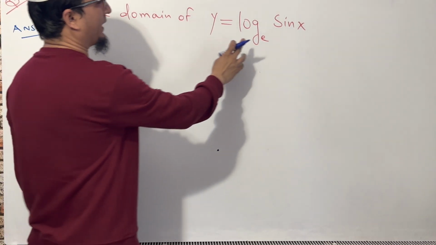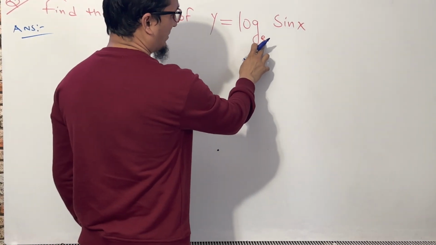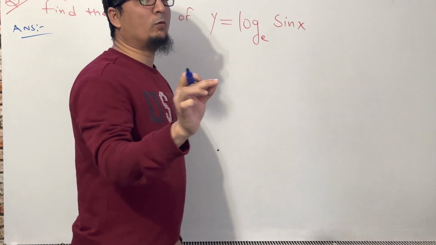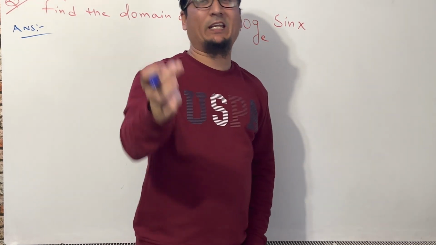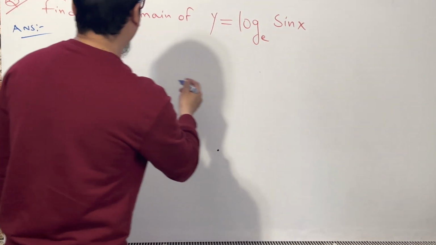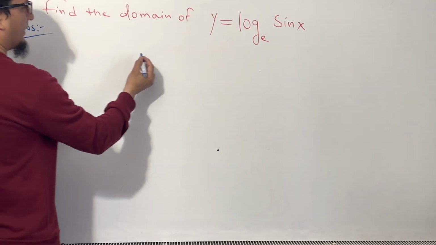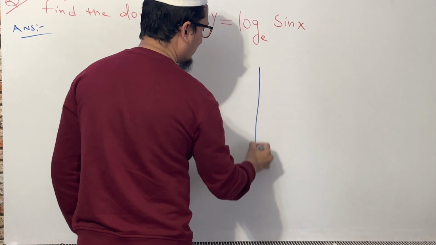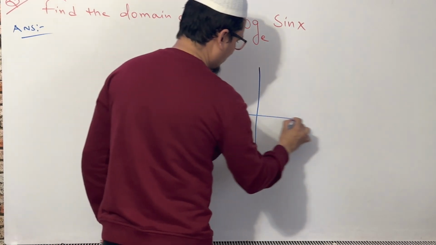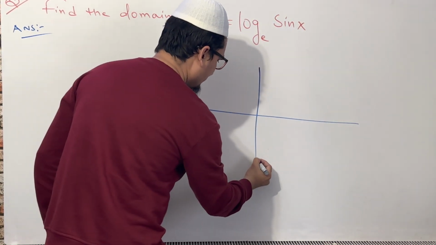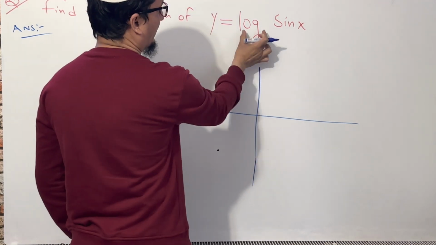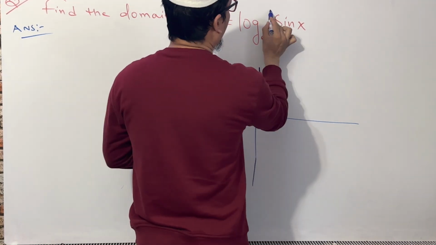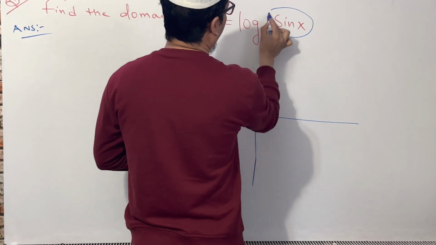For example, just have a look here at the base. What is the base? e, and the value of e is 2.7, meaning greater than 1. It means the graph will always be like this one. I'm going to draw the graph of log e, and just think that this is your x.